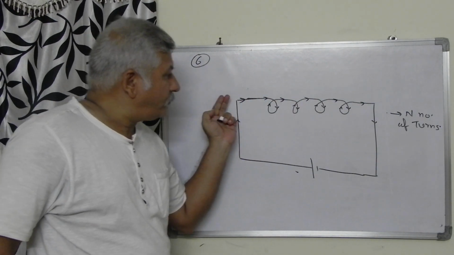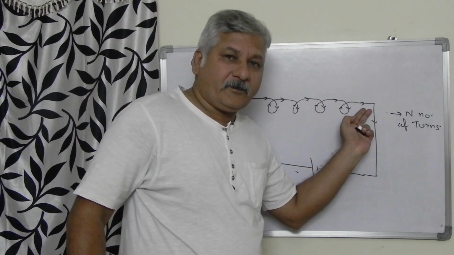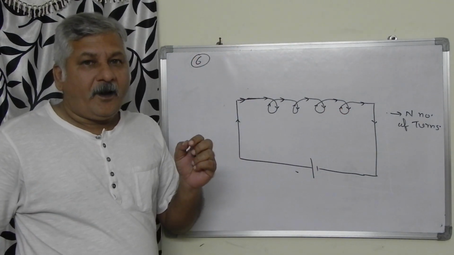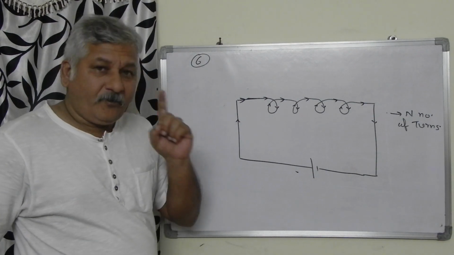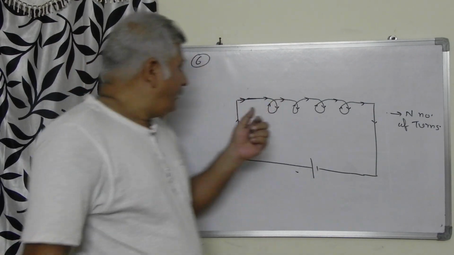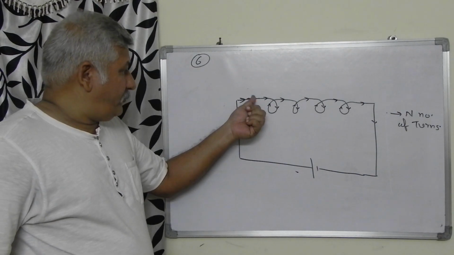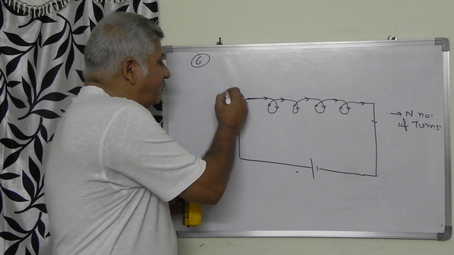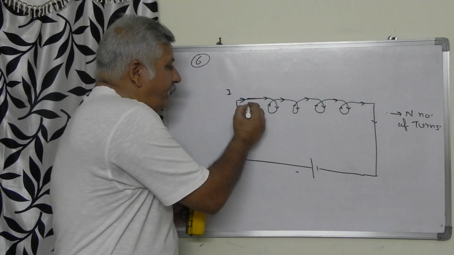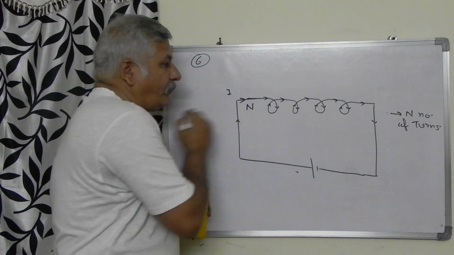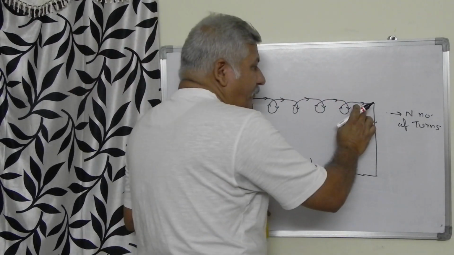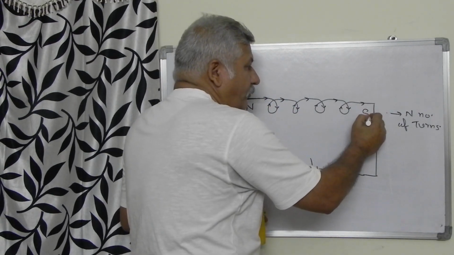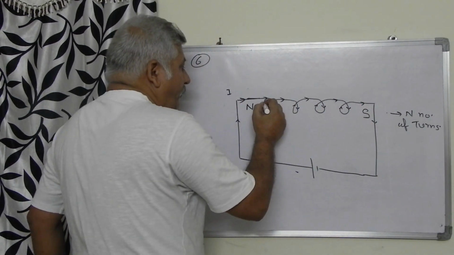So when the current flows through this inductor, then a magnetic field will be produced, and the magnetic field will be in such a way that the end of the conductor at which the current enters, so current I enters at this end, so this end will become north pole, and the end of the conductor through which the current comes out will become south. So in this way.